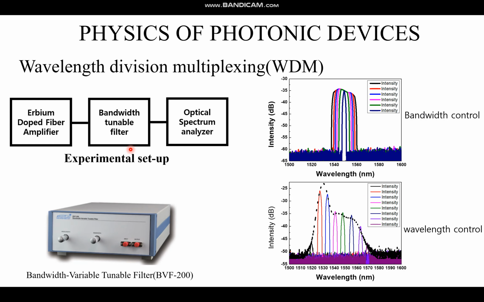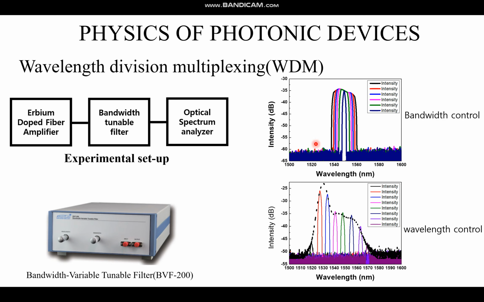And one thing is that in a wavelength multiplexing system, controlling the wavelengths is the most important thing, so I use the erbium doped fiber amplifier and pass it through bandwidth tunable filters and analyze with the OSA. The picture of the bandwidth tunable filter is like this, so I can control the bandwidth and wavelength as well.